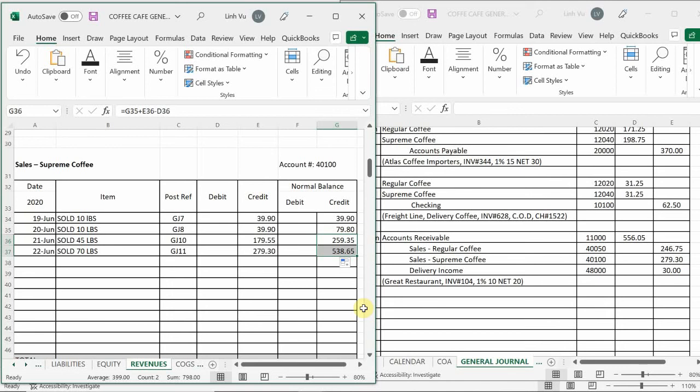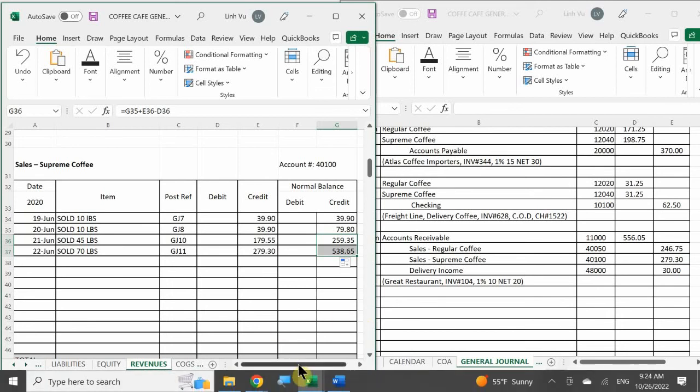I just sold the customer. They owe me money. Should I keep track of that? You're going to your accounts receivable, not accounts receivable, but to the restaurant. So subsidiary ledger, right? Right.